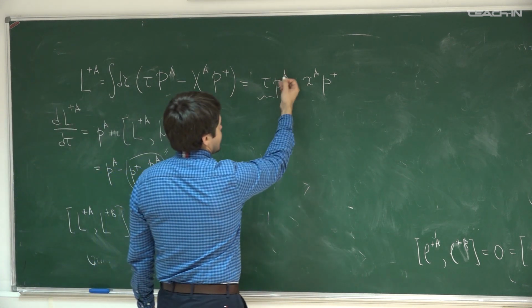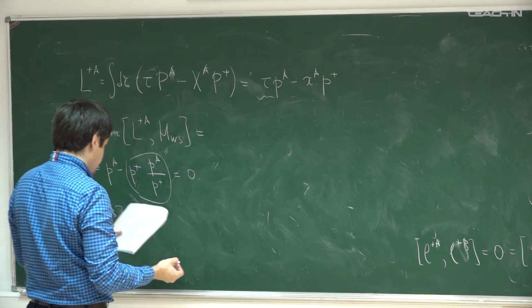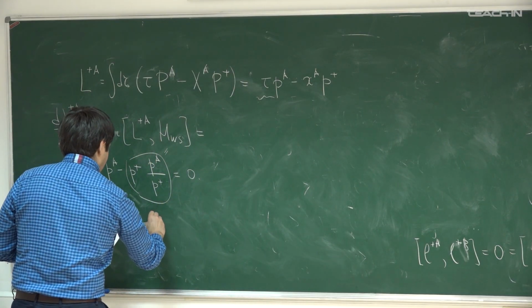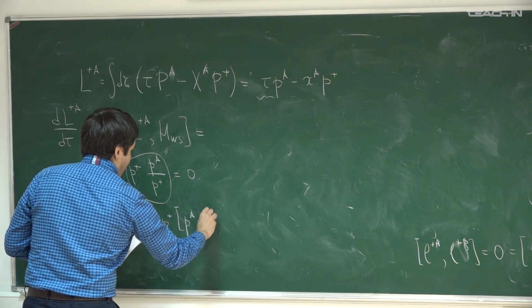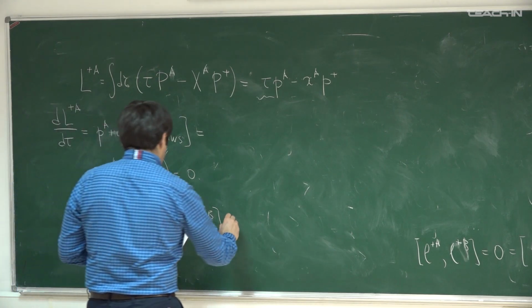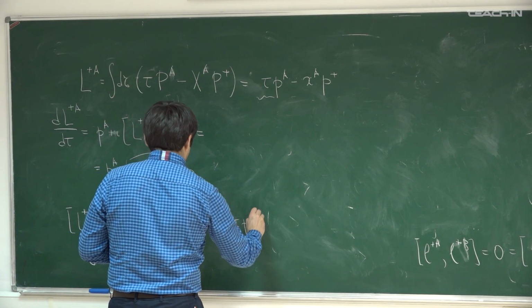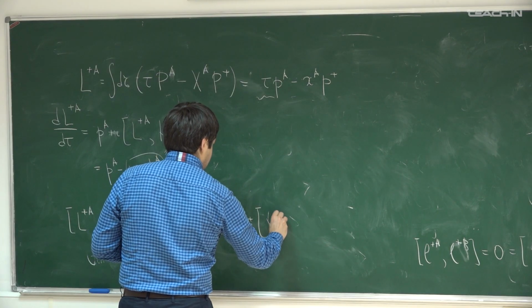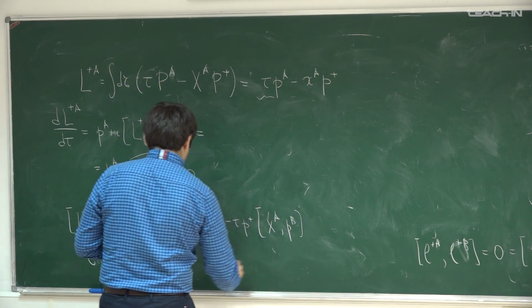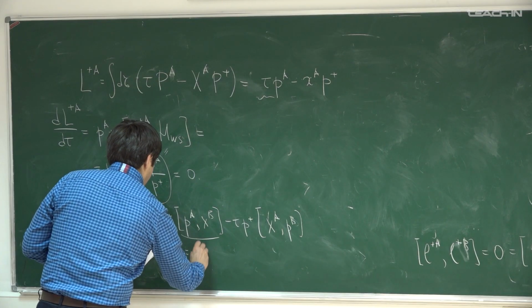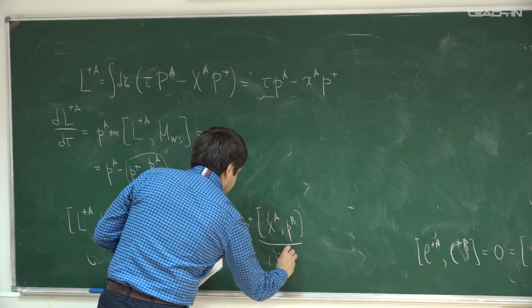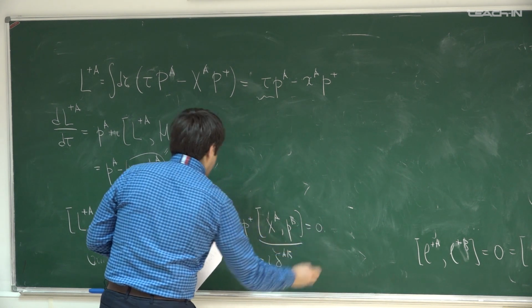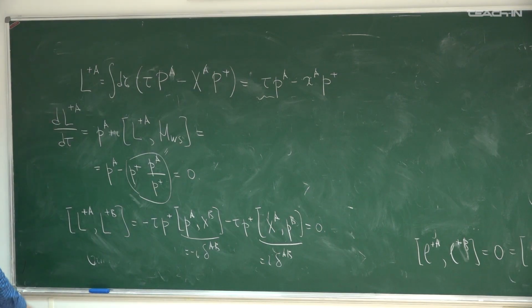You see there's only P and X that do not commute. So there are some elementary terms, tau P plus commutator PA with XB minus tau P plus commutator of XA with PB. So this is minus I delta AB, this is plus I delta AB, so this is 0. So it's an easy calculation that shows that they commute.